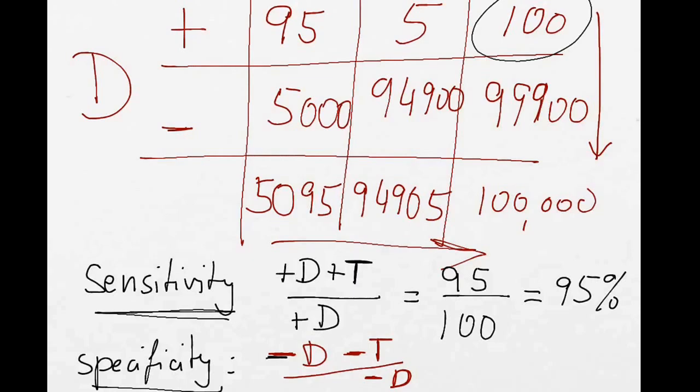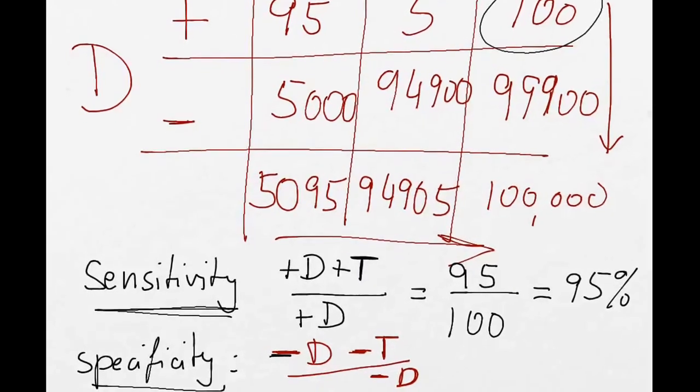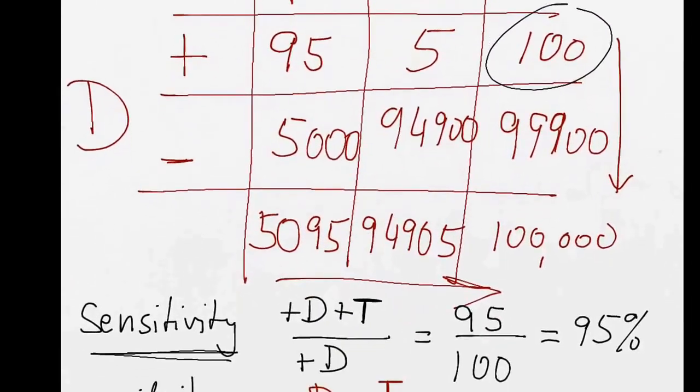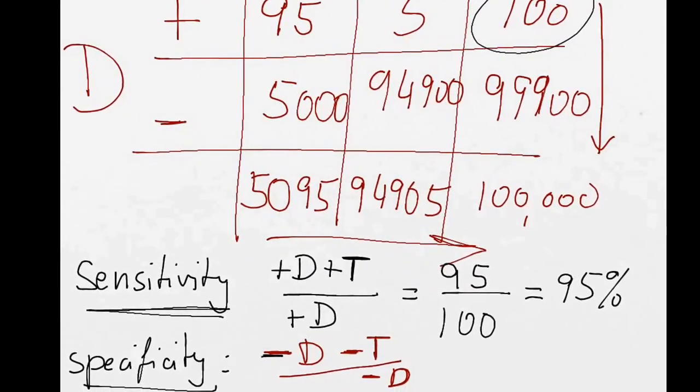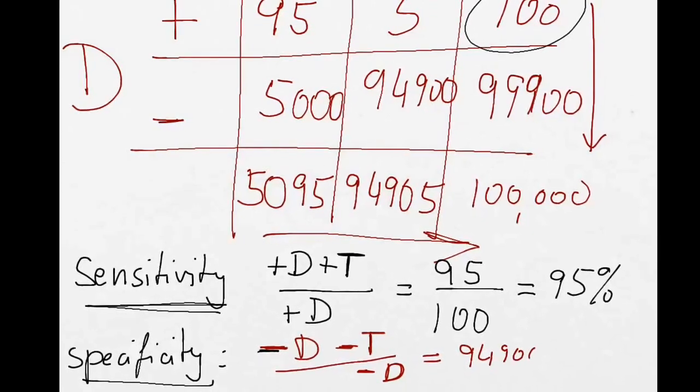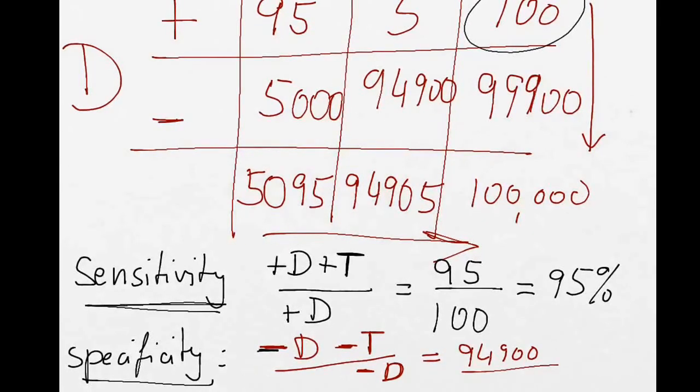What have we got here? Minus D minus T, how many have we got? 94,900 divided by 99,900. Yeah, by this one here.